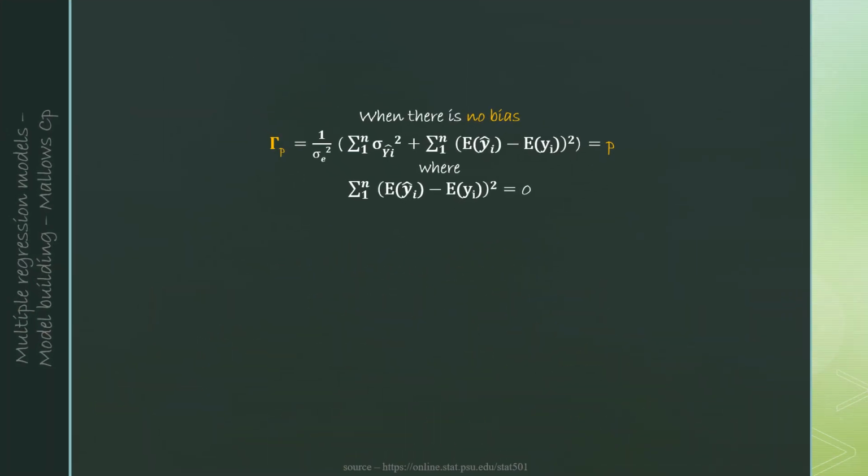We saw that when there is no bias, normalized total variance gamma p, which equals 1 divided by sigma e square multiplied by sigma 1 to n sigma yi hat square plus sigma 1 to n (estimated yi hat minus estimated yi) the whole square, equals p, where sigma 1 to n (estimated yi hat minus estimated yi) the whole square becomes 0.